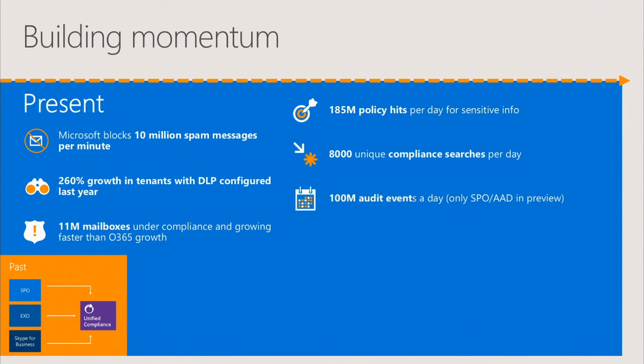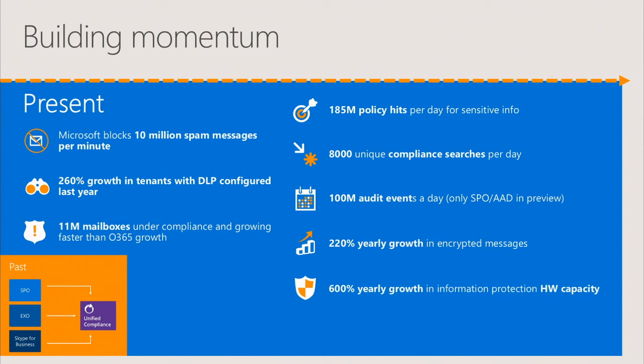The 100 million audit events already flowing through, and we basically only have a few tenants that are using this in the early preview. And incredible amounts of growth in encrypted messages given our current environment and where people are more and more aware of their data. 600% growth in our capacity for the service in terms of what we have allocated to compliance and to security for your organizations.